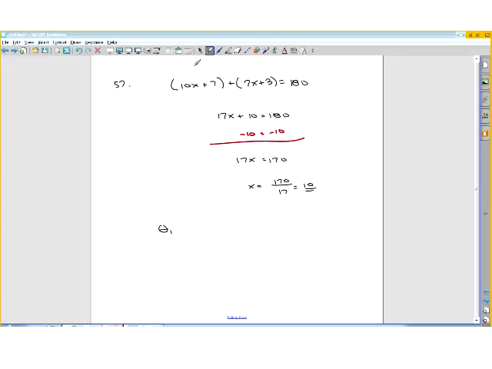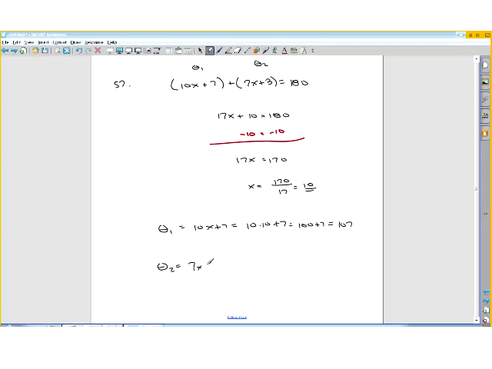So let's say this is theta 1 and this is theta 2. Theta 1 is 10x plus 7, but we just found out that x is 10, so 10 times 10 plus 7, that's 100 plus 7, which is 107.